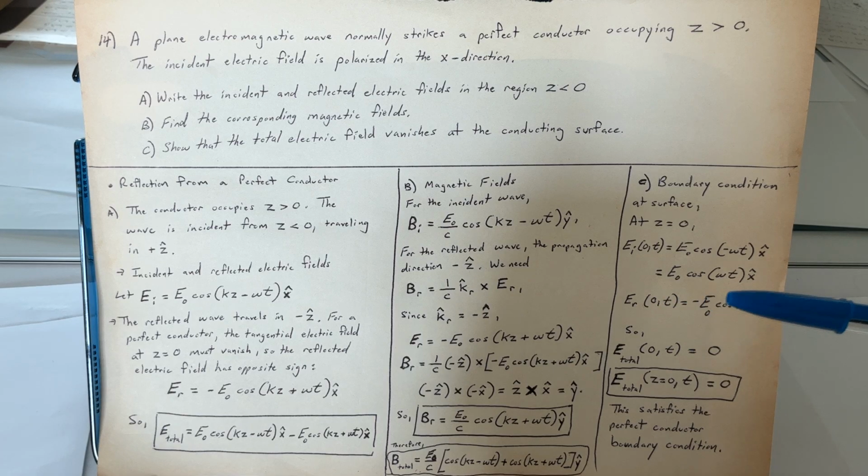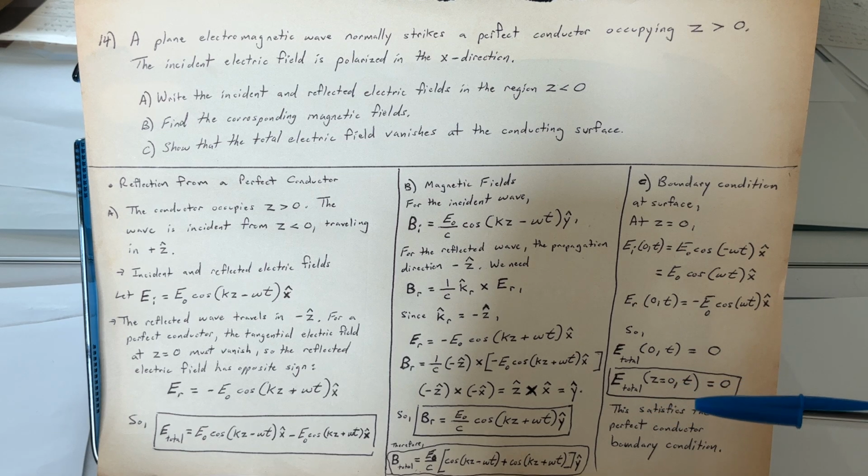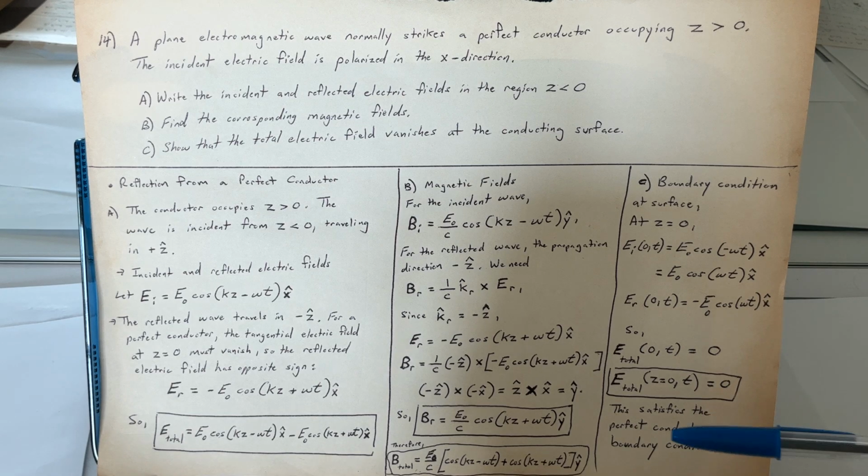E sub r of (0, t) is negative E naught cosine omega t times x hat. So our E total of (0, t) equals 0. This satisfies the perfect conductor boundary condition for letter C.